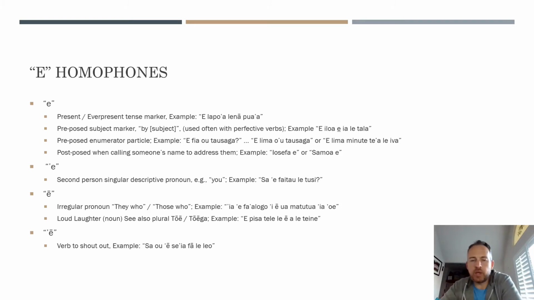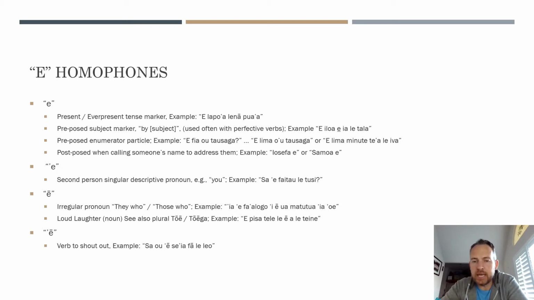And then the example we have here is ia e faalogo i e ua matua ia oe. So ia in this case is like a command marker. E with the glottal in front of it is the second person singular pronoun that we talked about before. So it means you. Faalogo is the verb, means to hear.